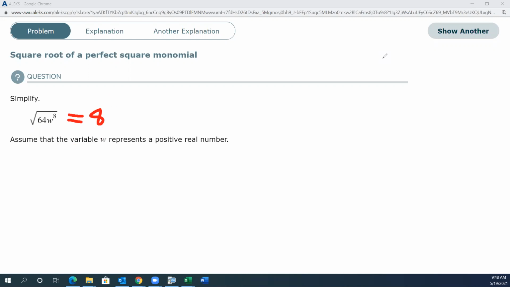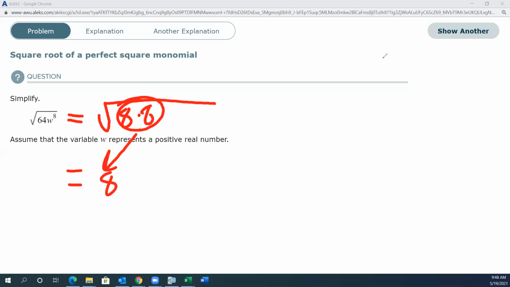Another way of looking at it is to say, when you're doing the square root, you're looking for pairs of things multiplied together that give you what you had. Well, 64 is 8 times 8. That's 2 8s. So that means that I can pull out a group of 8s right there.